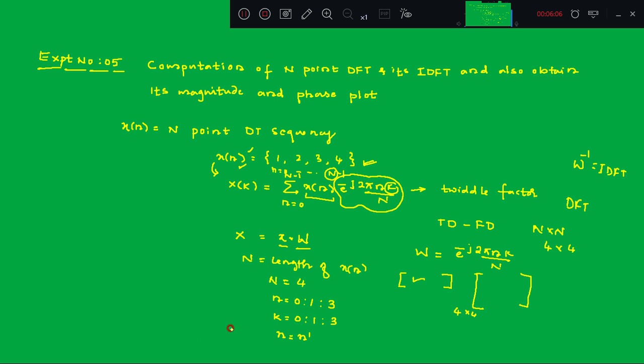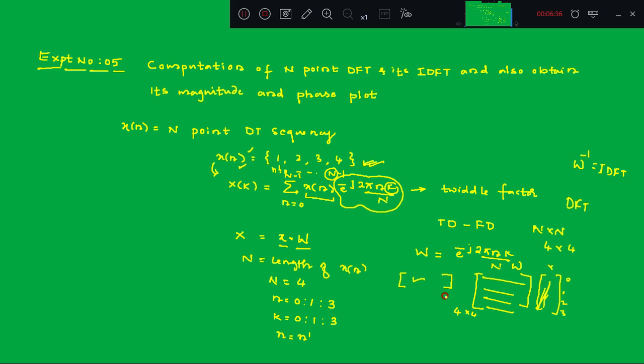Understood? So what you will get? You will get this matrix into this matrix. So this is my W and this is my x. Previously this was a row matrix, now this becomes a column. So here x becomes x dash, meaning you will get 1, 2, 3, 4, right? Now this row with this column gives the first element, this row with this column gives the second element, and so on.